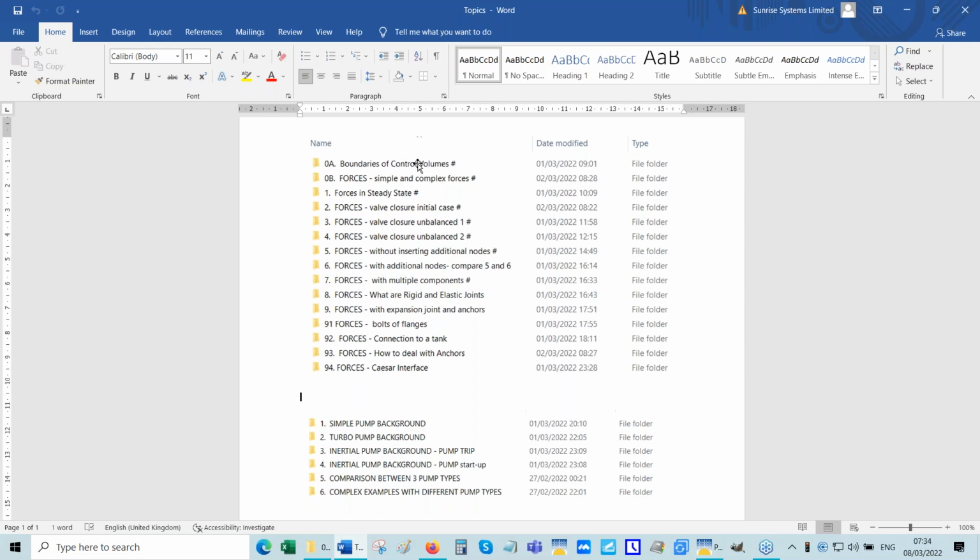Usually it's from anchor to anchor, but you can do these stress calculations or reaction forces and so on as you like. That is why it's very important for the pipe stress engineer to work in conjunction with the person doing the flow analysis.